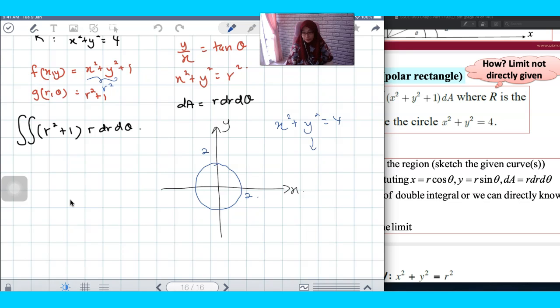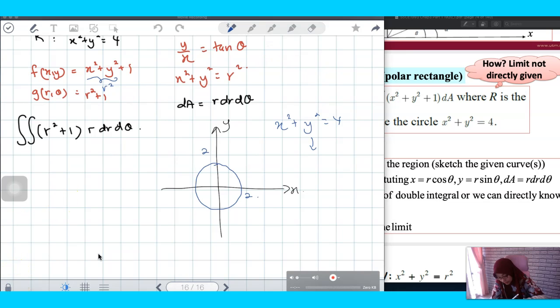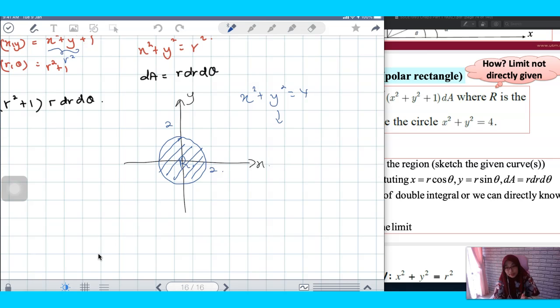Okay, I'm sure that you still remember this. I don't remember which chapter you had this topic in Engineering Math 1, but I'm sure you have learned this before. So the region that we have is inside the circle. Okay, so now the way you want to determine the limit. Let's say we're talking about theta first, the limit of theta, which is the outer integral.